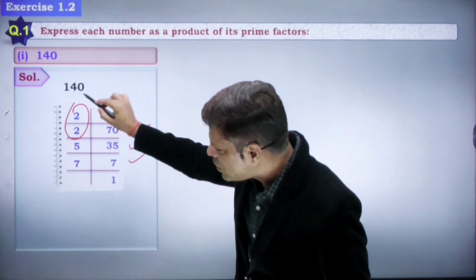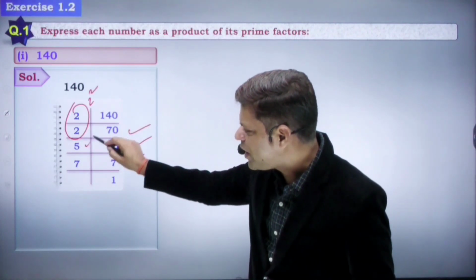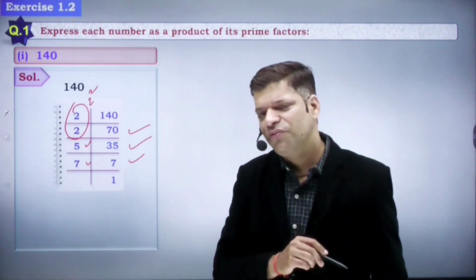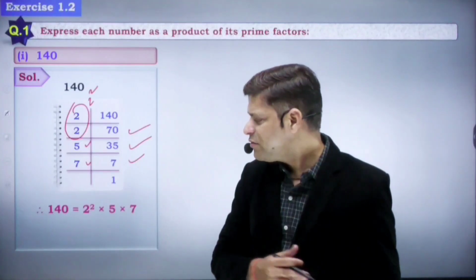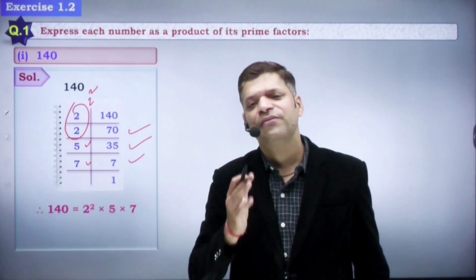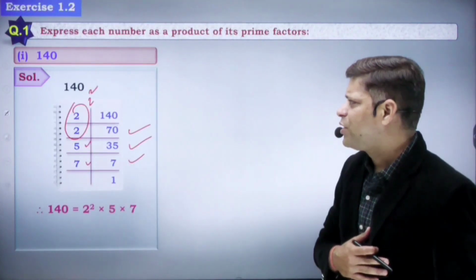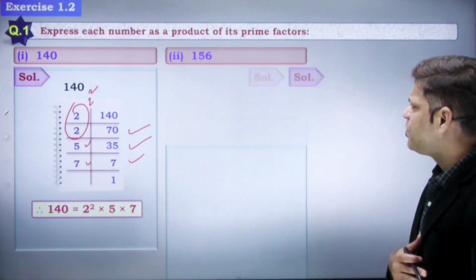So we can say that it is 2 raised to the power 2 multiplied by 5 multiplied by 7. So finally 140 can be written as 2 square into 5 into 7. This is the prime factorization of 140. The next one: we have to find the prime factorization of 156.